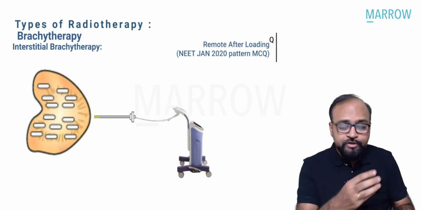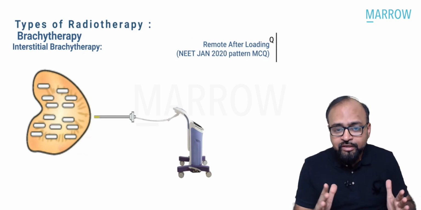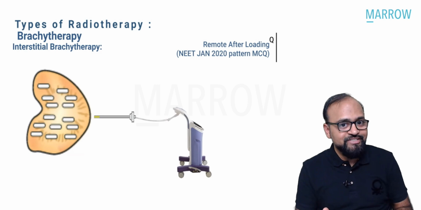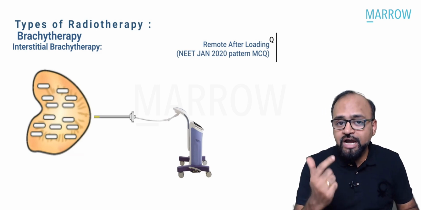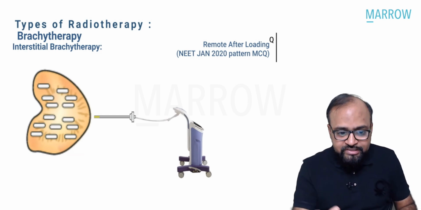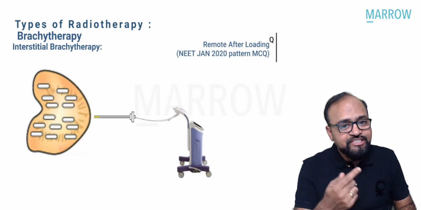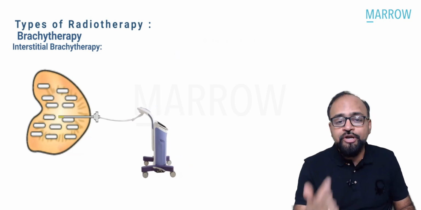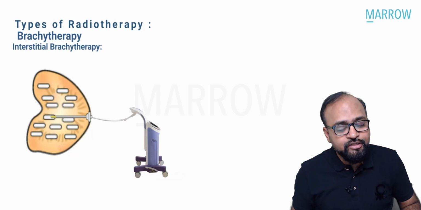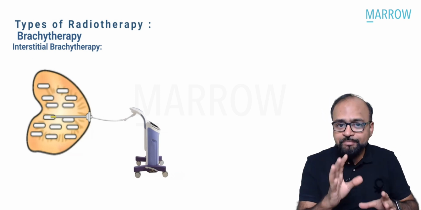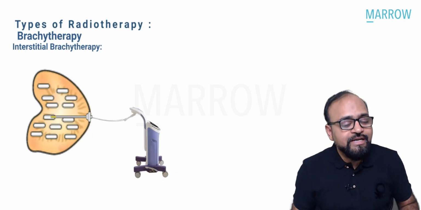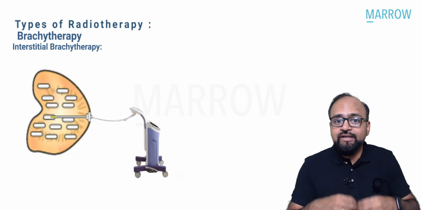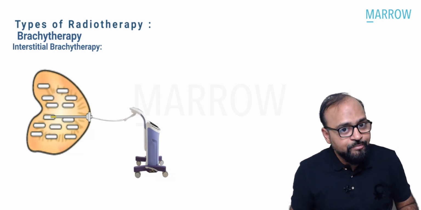So the loading of radioactive element is done remotely after these shells have been placed. Therefore, it is called remote afterloading. These empty shells are used as reference points by this remote afterloading robot, which goes into these empty metal shells, and all these metal shells are now going to be filled up with the radioactive element.